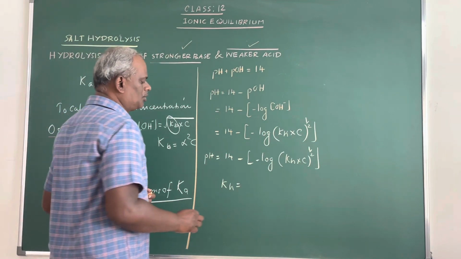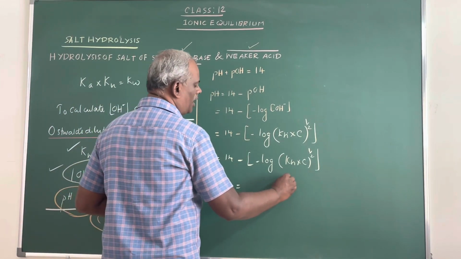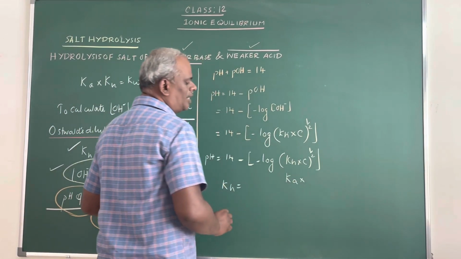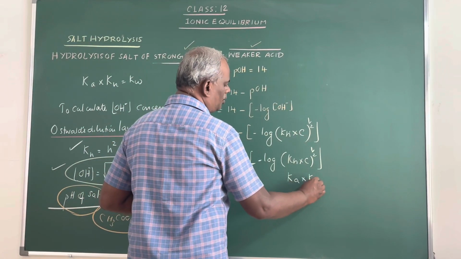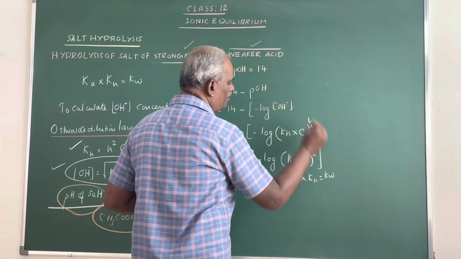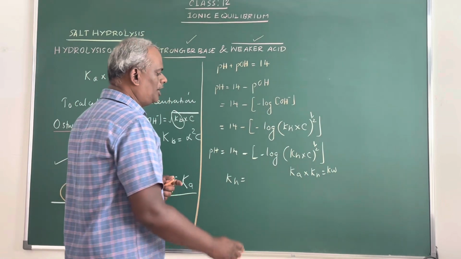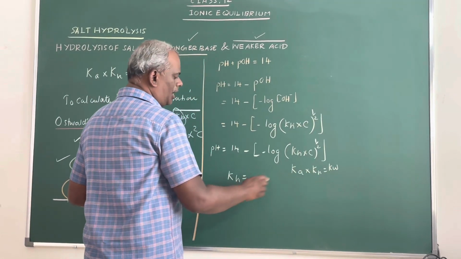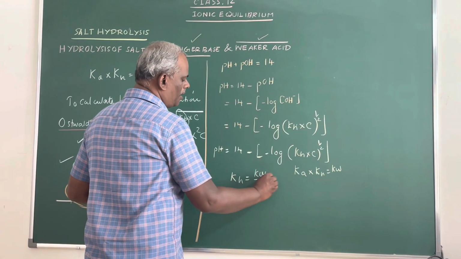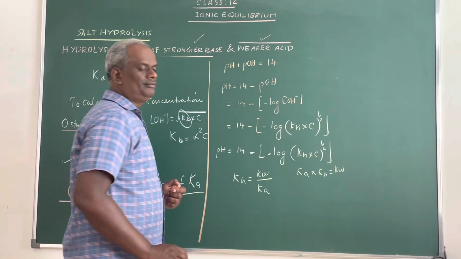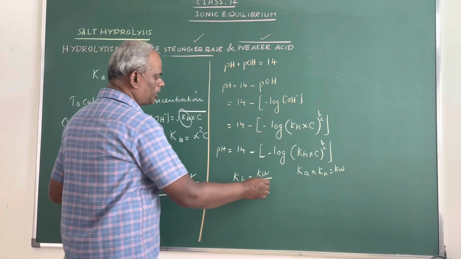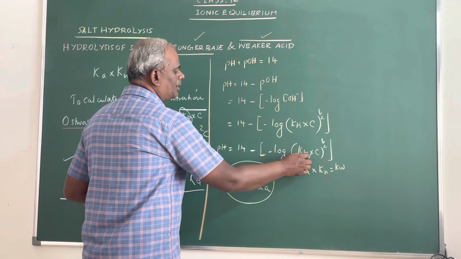We already calculated that Ka into Kh is equal to Kw. Accordingly, what is Kh? Kh is nothing but Kw by Ka. Substitute this expression in this particular case.